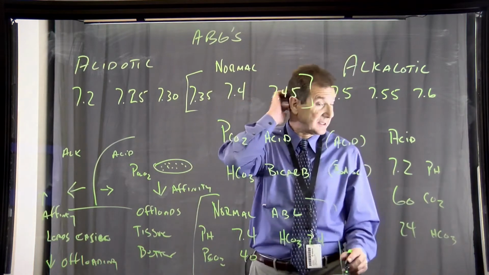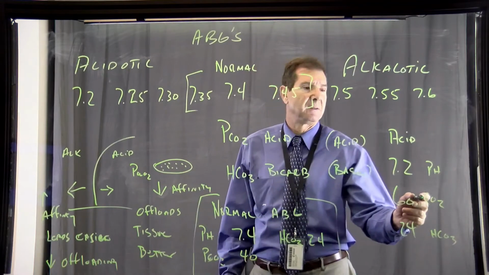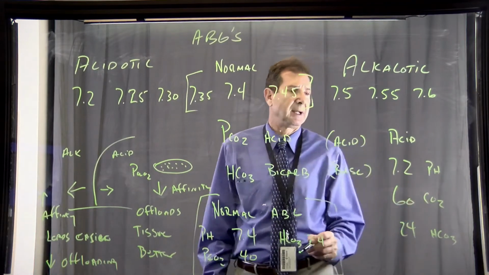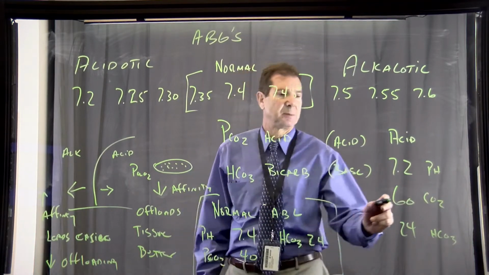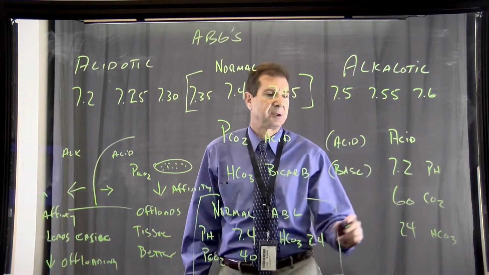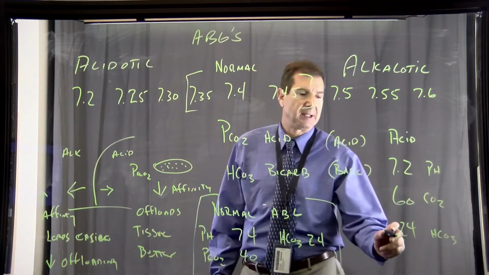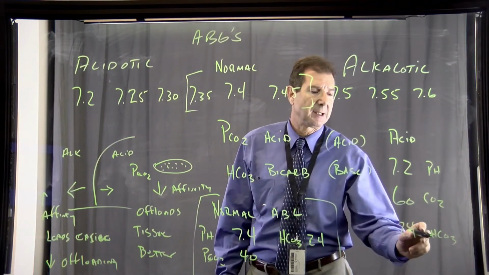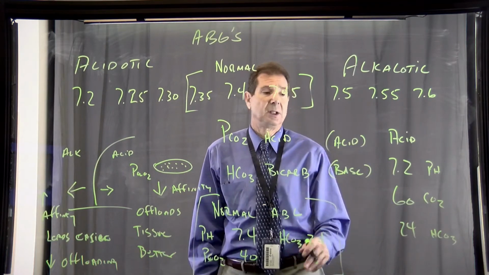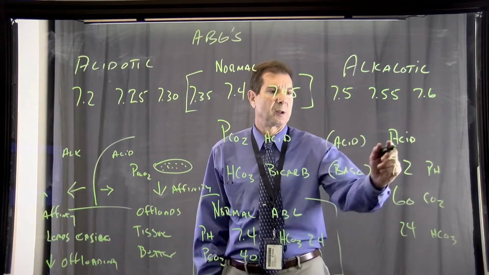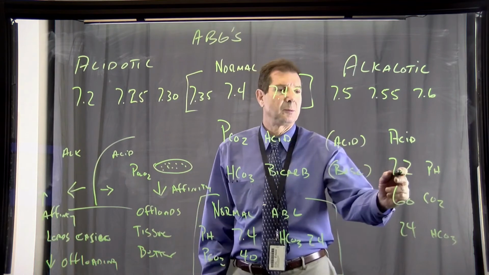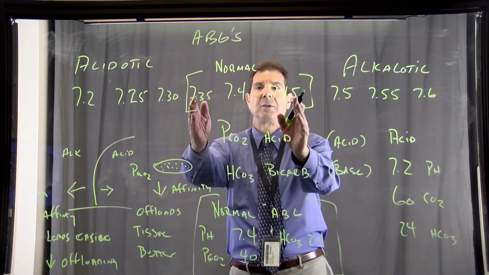When we analyze that, we say we have an acidotic blood gas caused by too much acid, too much CO2, and the bicarb has not had any chance to compensate for that pH being out of the normal range.